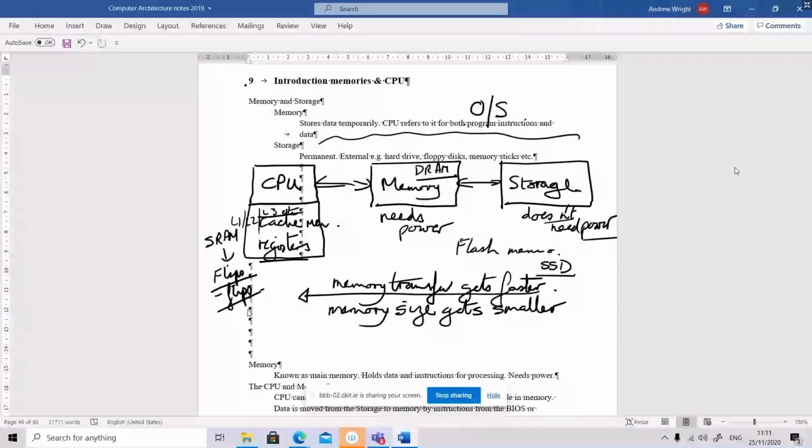So storage holds data. Types of storage device: the famous one is the hard drive. Nowadays we have the solid state drive. They're used as the main storage devices in machines.